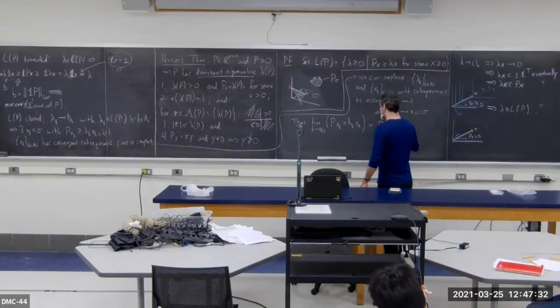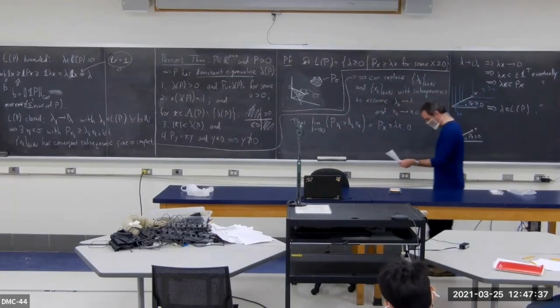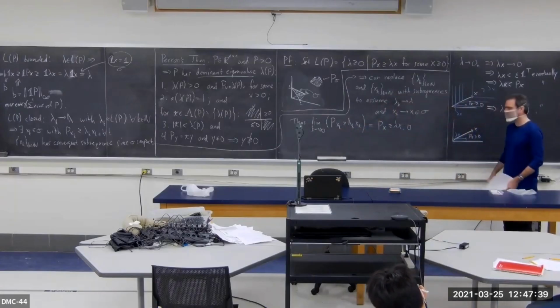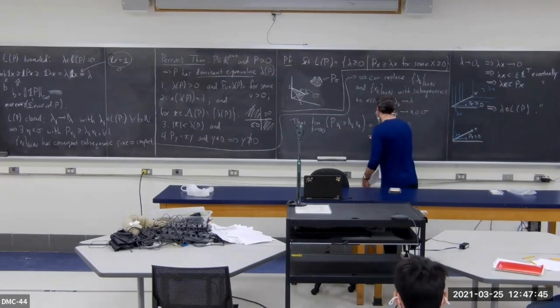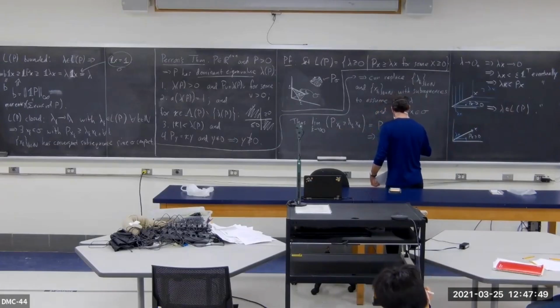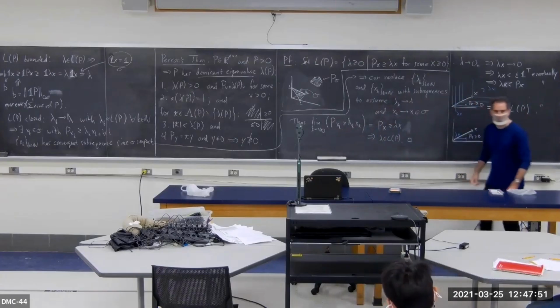Now this is going to be P x is greater than or equal to lambda x. And now we're done. Or maybe I should really say, this implies that lambda is in L of P. And that's what we need.